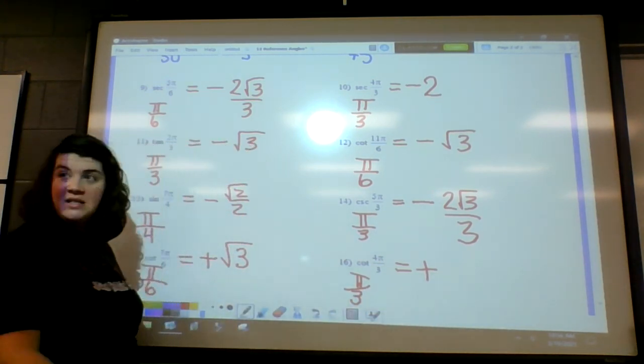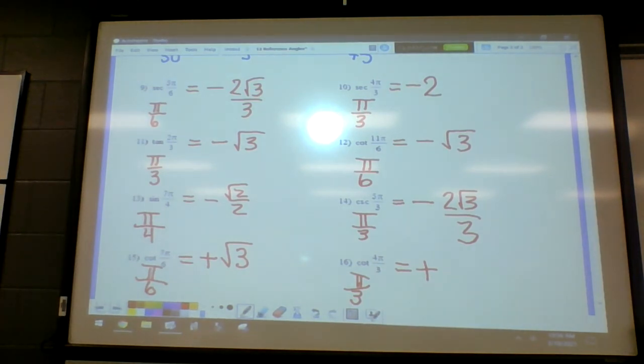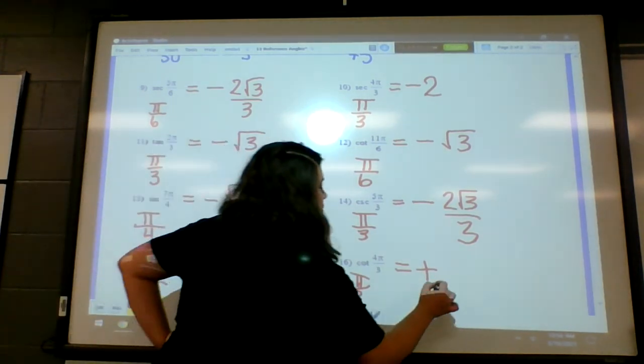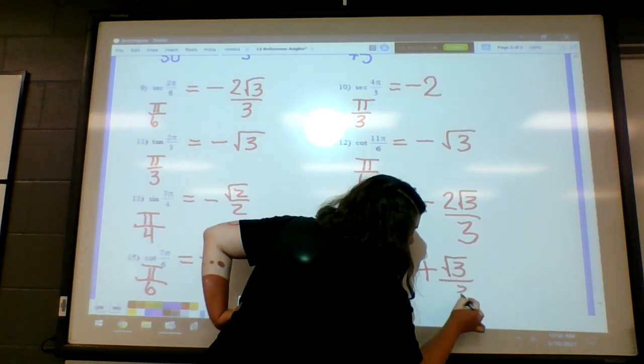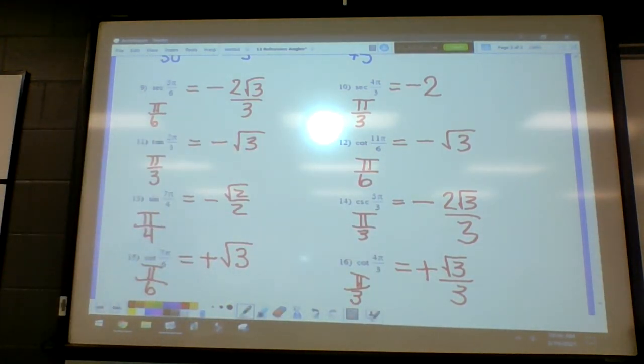Whatever the denominator is, that's what you're referencing. And cotangent of pi over 3 is 1/2 over the square root of 3 over 2. And so that one, the square root of 3 is kind of in the middle, so it's square root of 3 over 3. Nice. And notice that we had that big unit circle hidden the entire time, right?